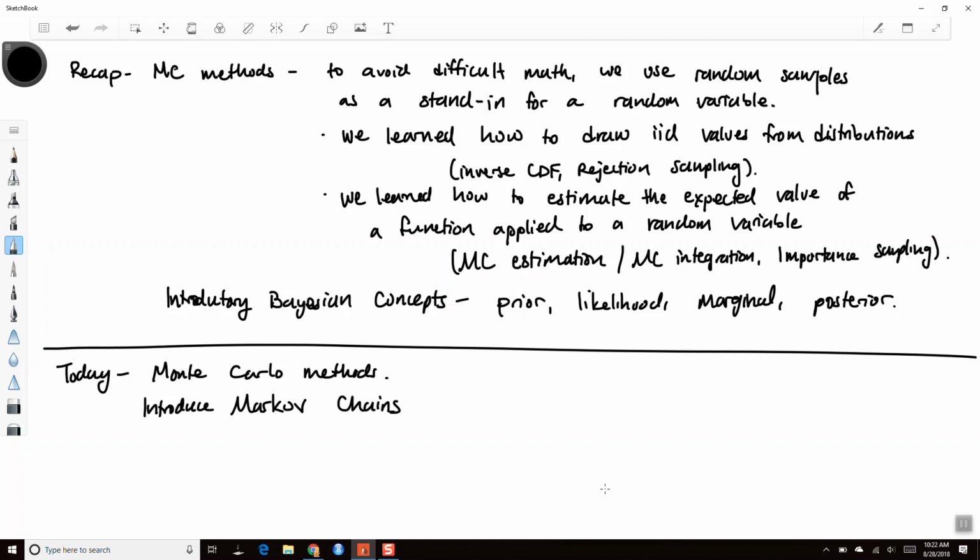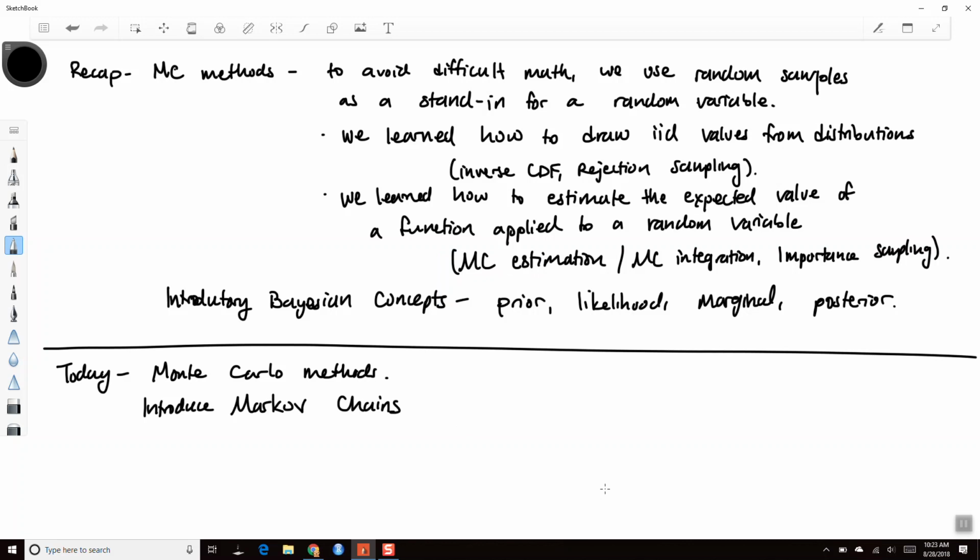And things get messy. But thanks to some proofs and theorems that we're not really going to get into, the deep theory of this, basically the proofs show that you can use Markov chains, where the values are dependent on each other, in the same way that we did in Monte Carlo estimation and integration.